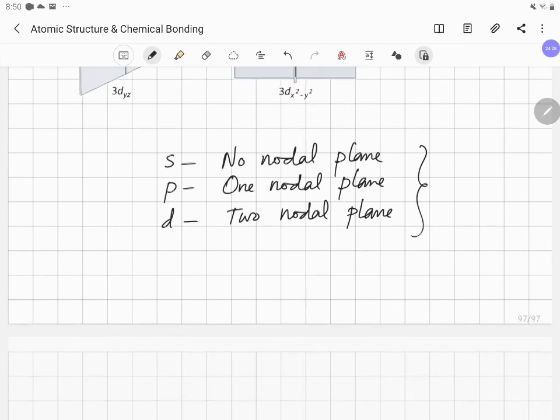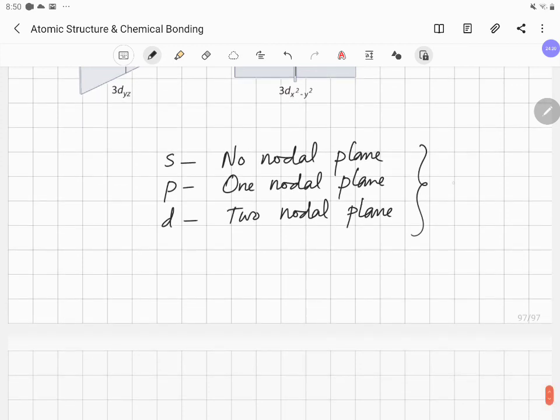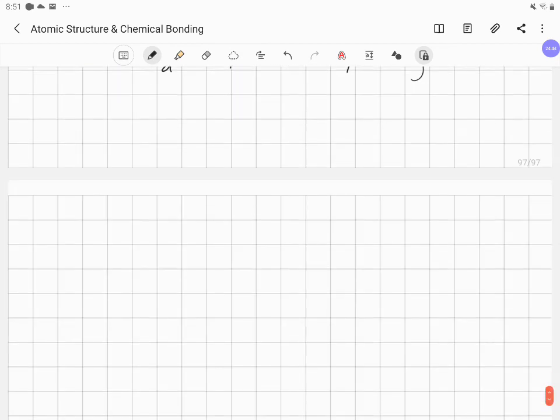And in general, there are n-1 nodal planes, or if we write it as nodes, there are n-1 nodes.